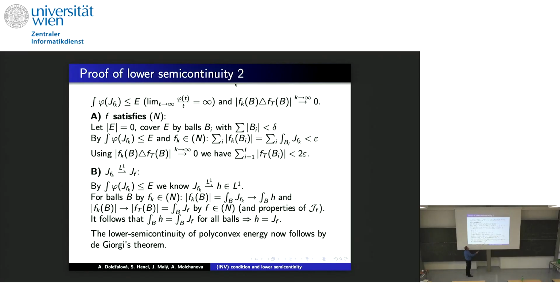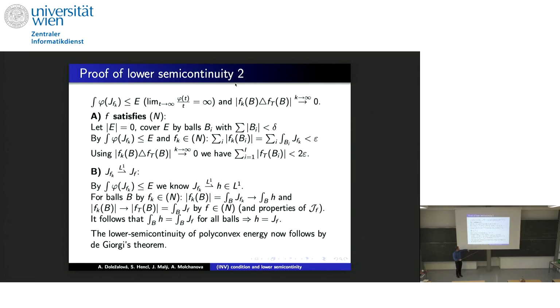Here, we already know that f satisfies the N condition, so we can compute this by the integral of the Jacobian. Since we know some properties of the distributional Jacobian, something is used here more, but essentially what is the most important? You know the Lusin N condition, so change of variables holds also for f. And by these two lines, you know that the integral of h and the integral of the Jacobian are the same on all balls.